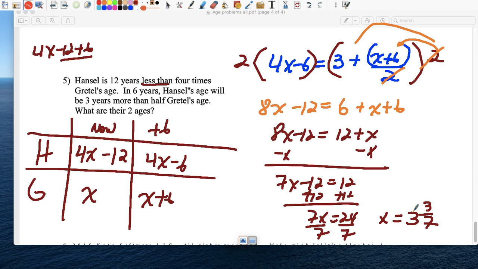So 12 less than 4 times Gretel's age, 4x minus 12. x in 6 years plus 6 minus 6, x plus 6. 2 times 4 is 8, minus 12. 2 times 3 is 6. That simplifies, x plus 6.